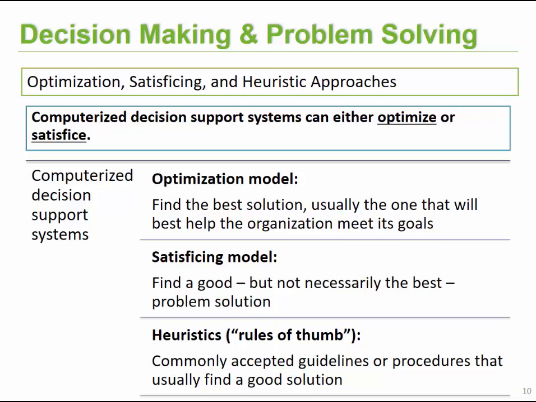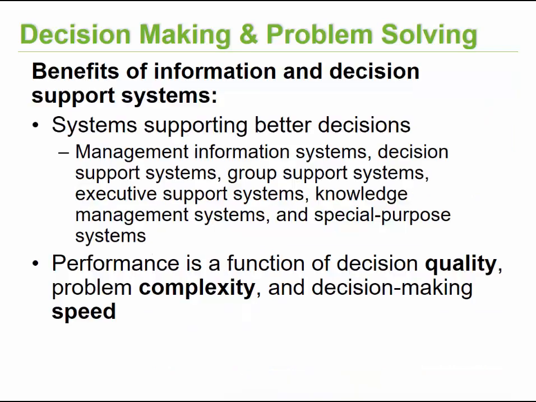Now, when we talk about decision making and problem solving, it's also important to think about the various systems that we can use that will aid us in this. And this is pretty much what we're going to discuss in the next two topics. For example, we need to look at management information systems, decision support systems, group support systems, executive support systems, knowledge management systems, and various other special purpose systems.